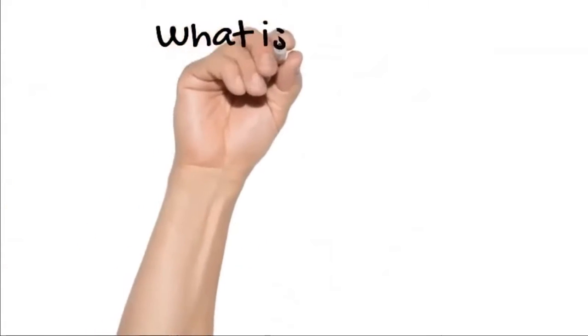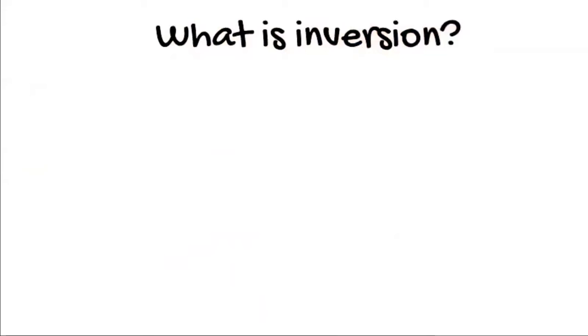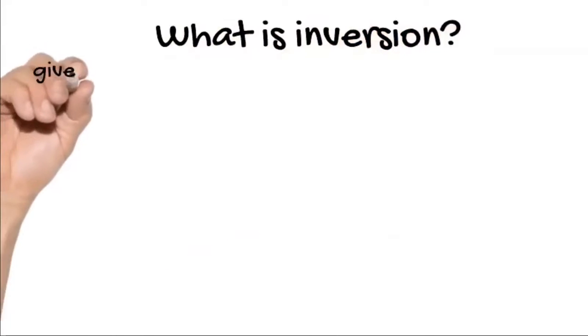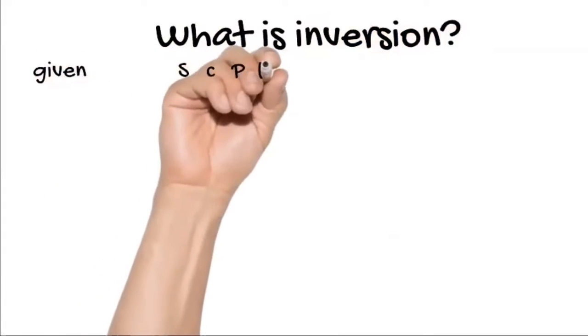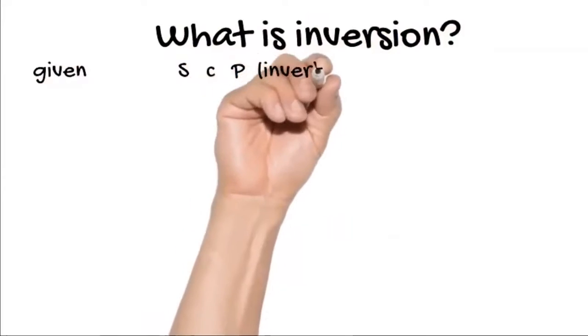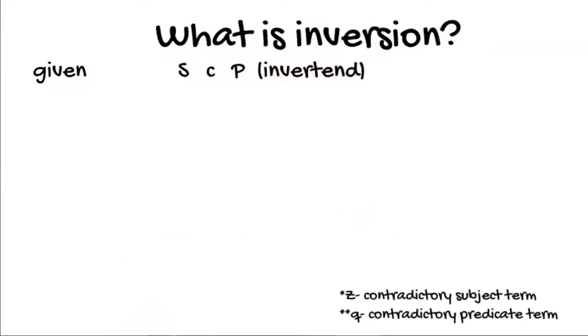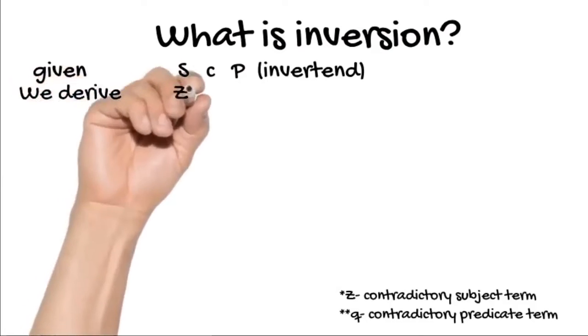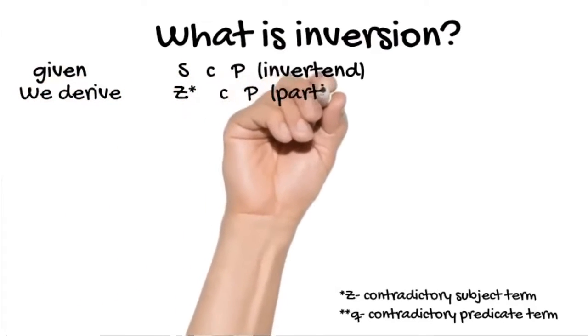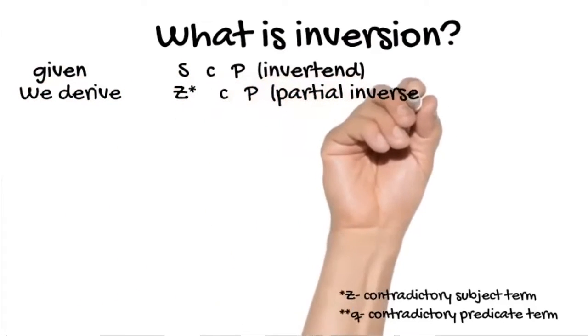To begin with our discussion, let us define inversion using the template of inversion. In inversion, the given proposition is called the invertend. Then you have the given subject, copula, and the predicate. If you're going to invert this given proposition, then you'll have contradictory subject term, copula, and predicate.